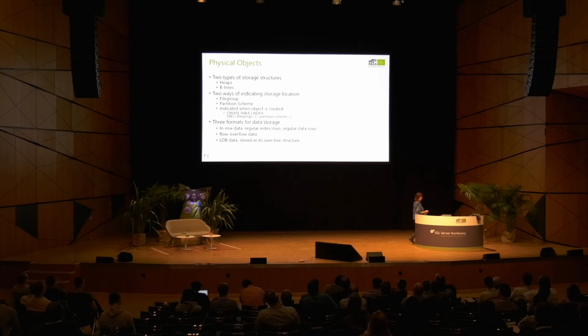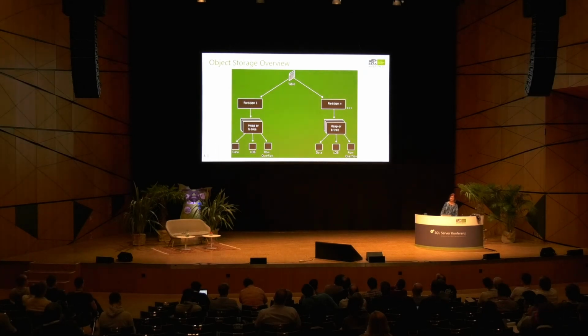They wouldn't all be stored on a single page because pages are only 8K. The data that doesn't fit on the page is stored on special pages called row overflow pages. And then the third type of page for your data is a large object or a lob page. Lob pages can store a whole lot of, well, the page can only store 8K. All pages are 8K, but a column with lob data can be up to 2 gigabytes in size. So the data is stored in its special way in its own tree structure to help SQL Server organize it.